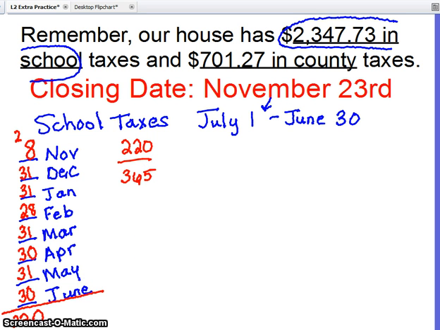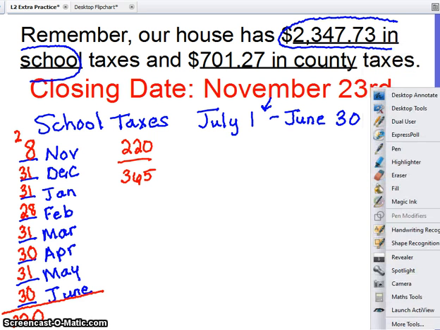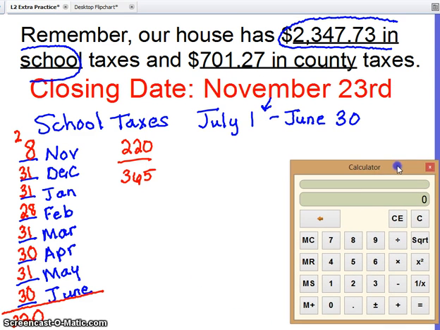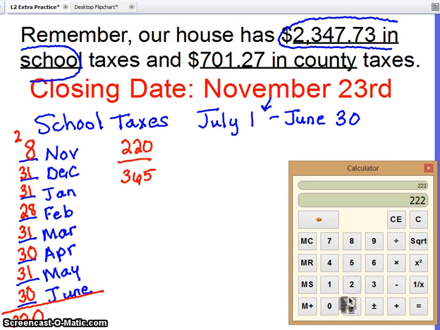If we use our calculator to divide that, 220 divided by 365 is 0.602.